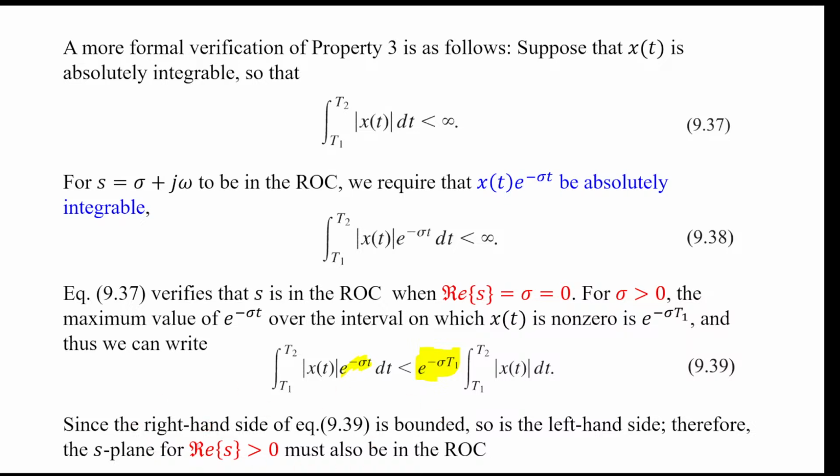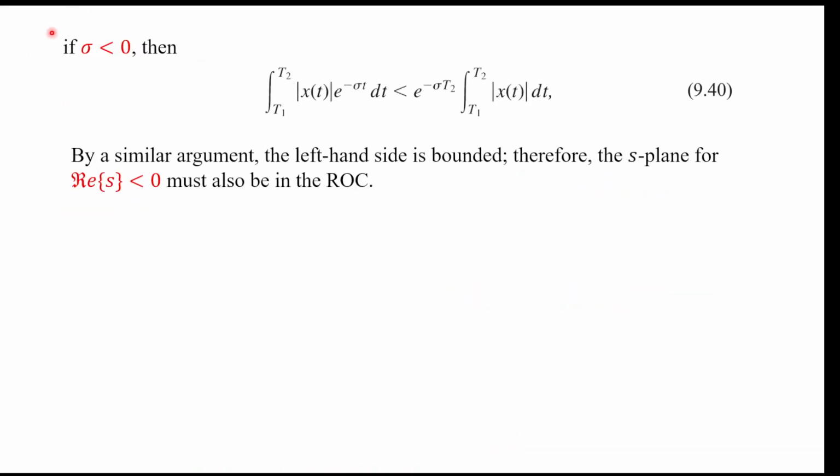So every s with real part greater than 0 is inside the ROC. Similarly for negative sigma, this integration is less than e to the minus sigma t2 times the original integration, so it is also finite. So every s with real part less than 0 is inside the ROC.